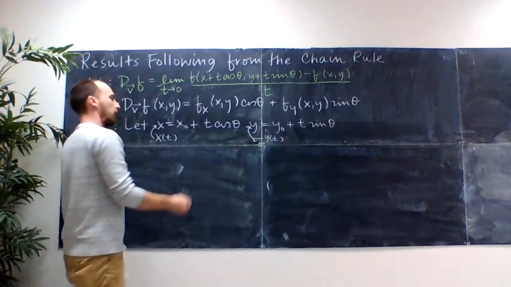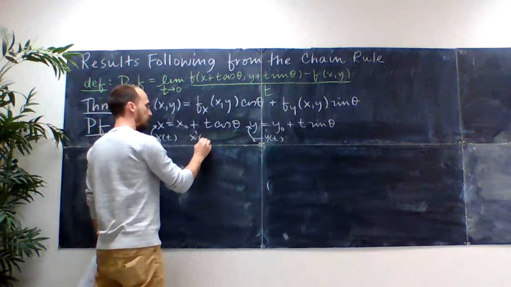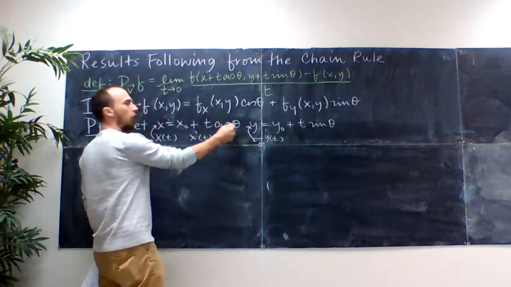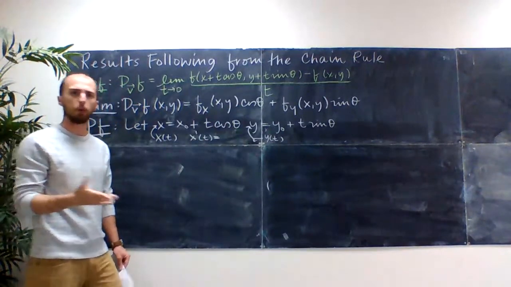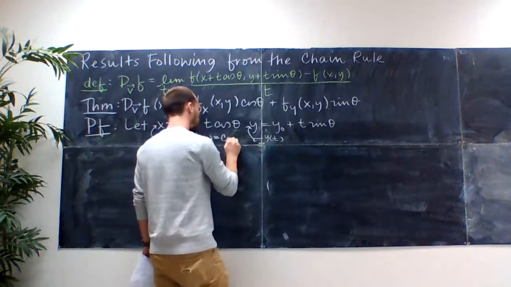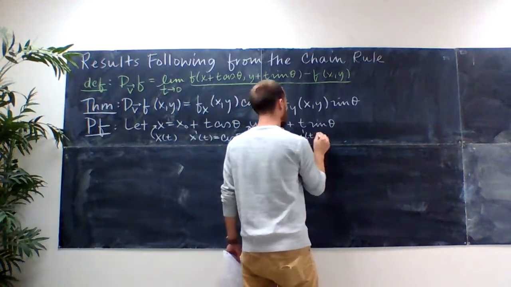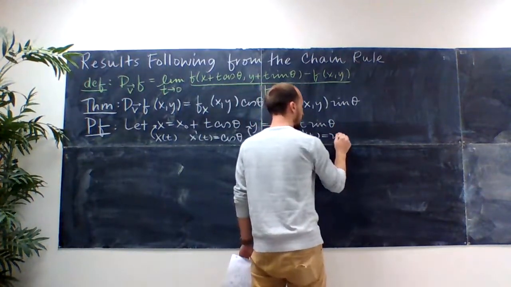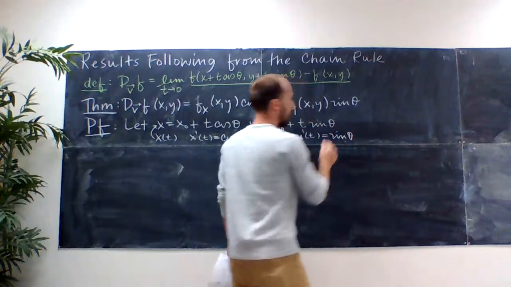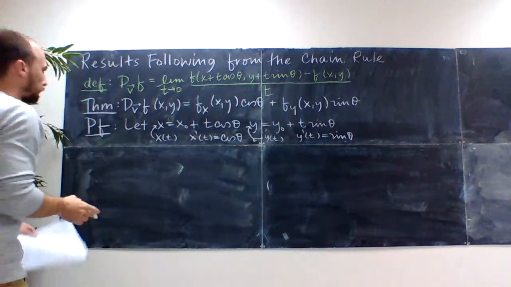And x prime of t is going to be cosine theta, because cosine theta is just a number. And y prime of t is going to be just sine theta. And I'm going to need that here in a couple of minutes.